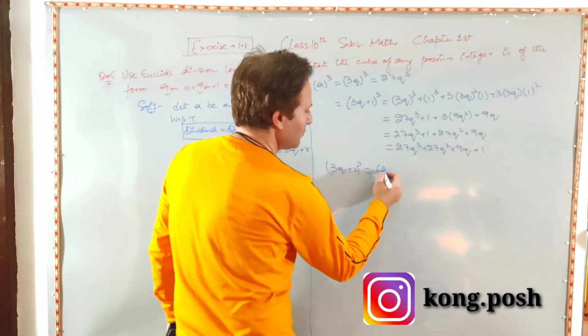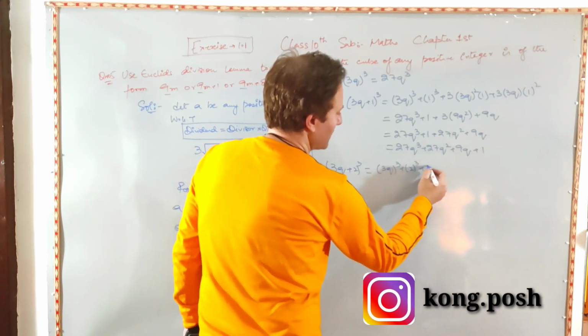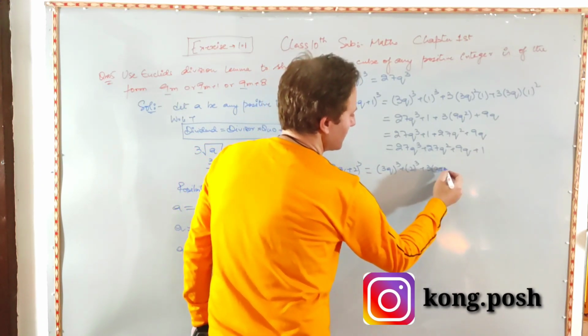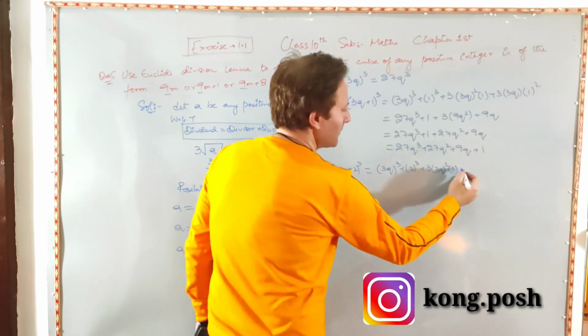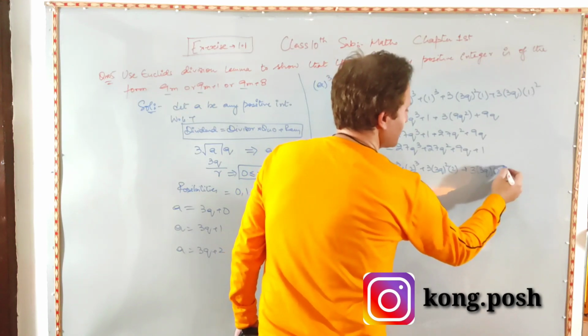So it is a cube plus b cube plus 3a square b plus 3a b square.